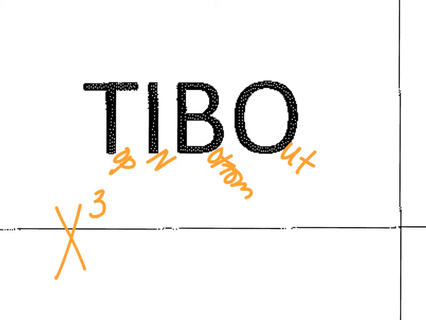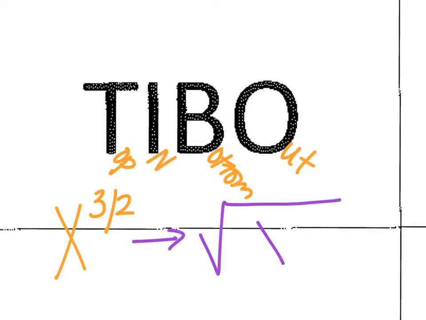We have the word Tebow. Tebow stands for top, in, bottom, out. And that is when we're talking about rational exponents. So if I have something like x to the 3 over 2, then when I rewrite this using a radical symbol, my x is still going to go inside because that's where it needs to go.